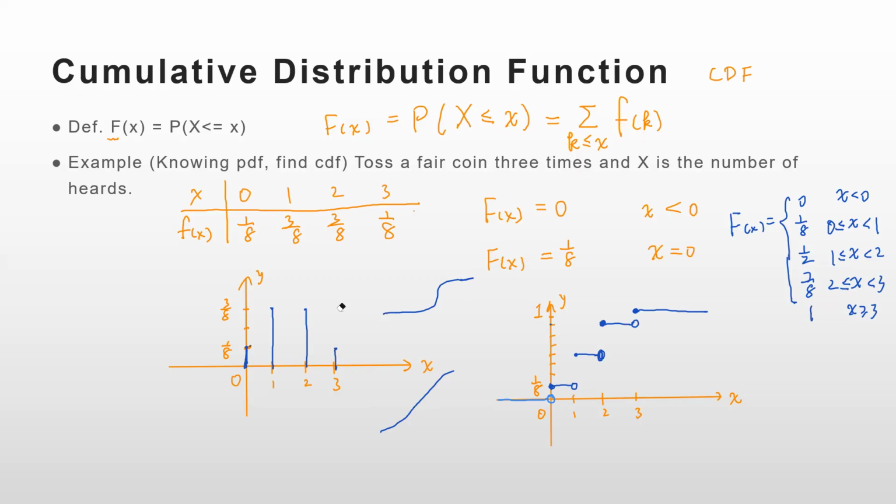So increasing has different meanings in different textbooks. But non-decreasing is pretty clear. It's not decreasing, so that will allow a function to have a flat line. All right, so that's a CDF for this example.